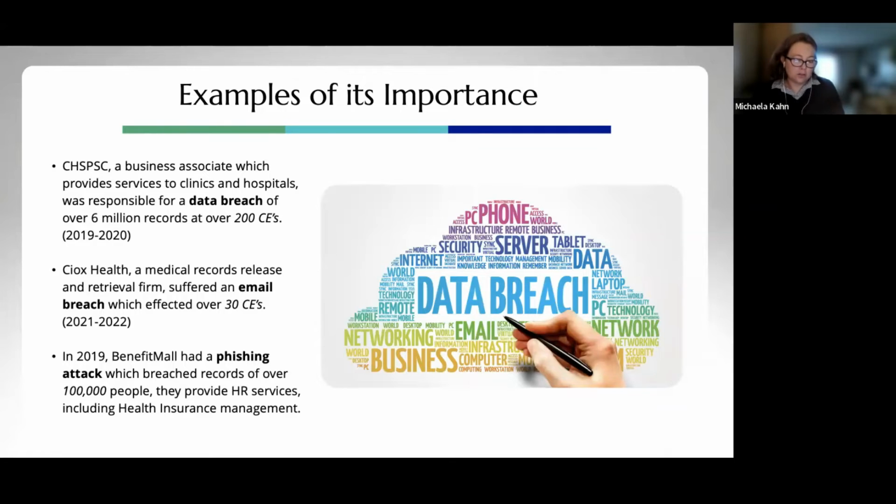I've included a couple of real-world examples of why this is so important, and I'm going to draw attention to a few of them. The first is a business associate called CHSPSC.